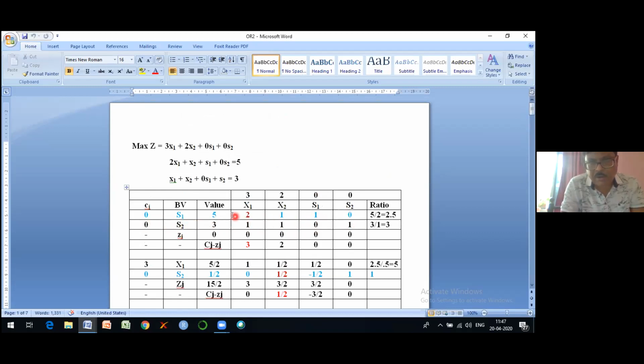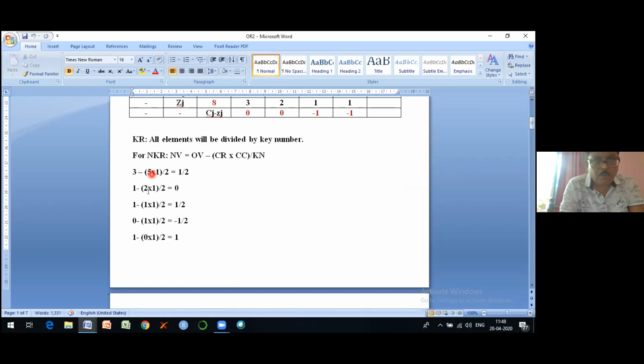There is no other row. Here what we are observing, corresponding row values 5, 2, 1, 1, 0. This is corresponding row.